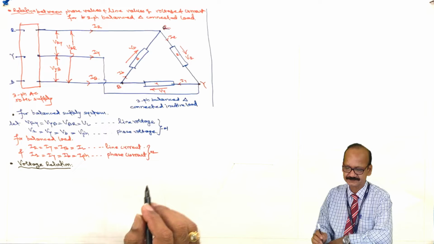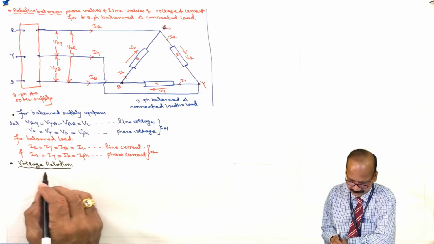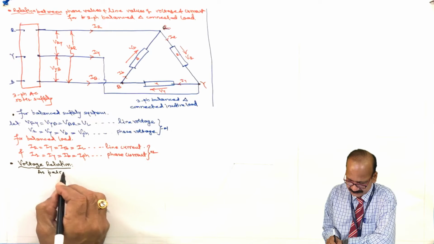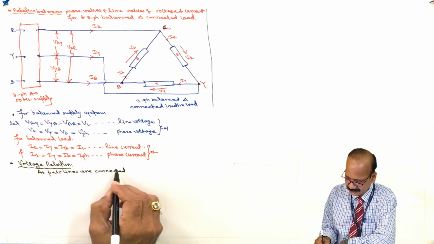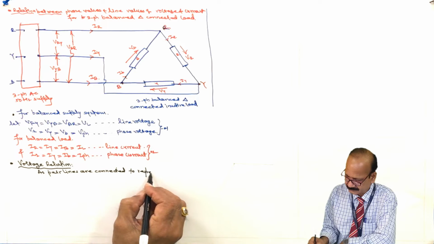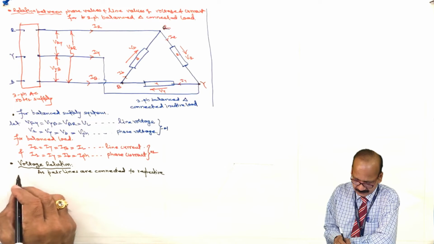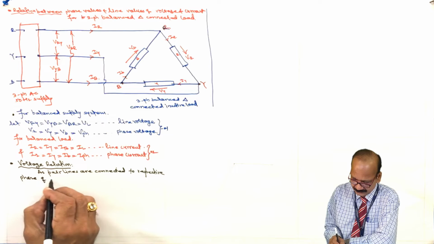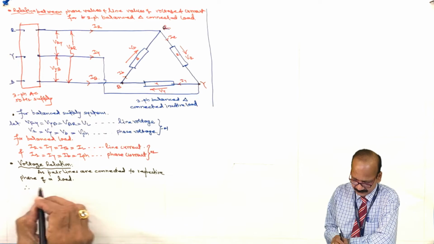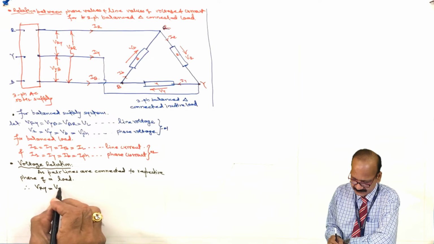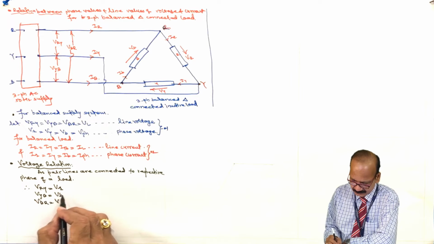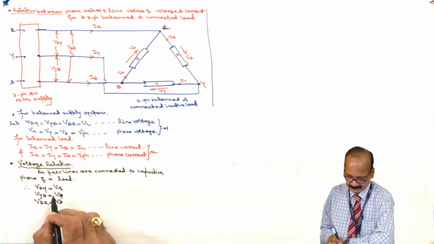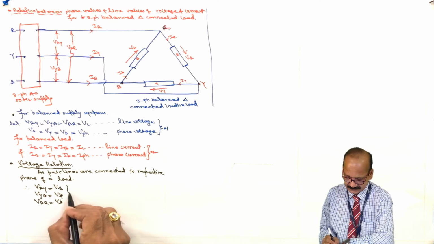So as a pair of lines is connected to the respective phase of a load, therefore V RY equal V small r, V YB equal V small y, and V BR equal V small b.